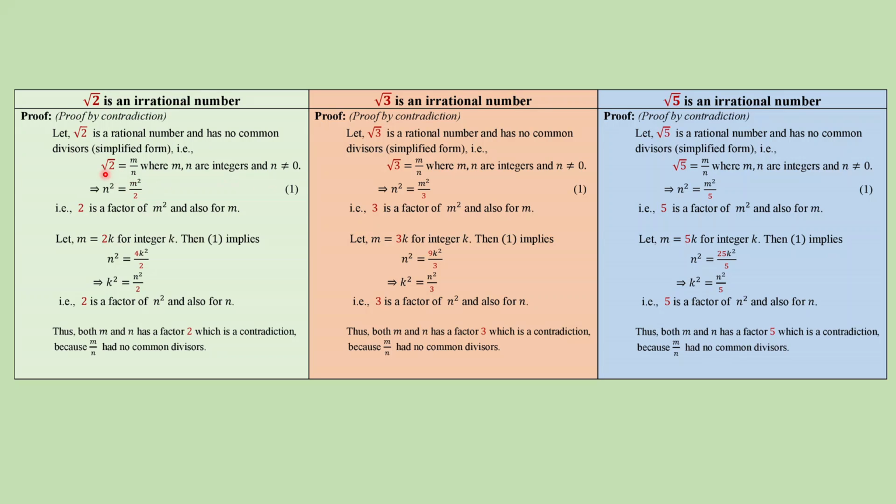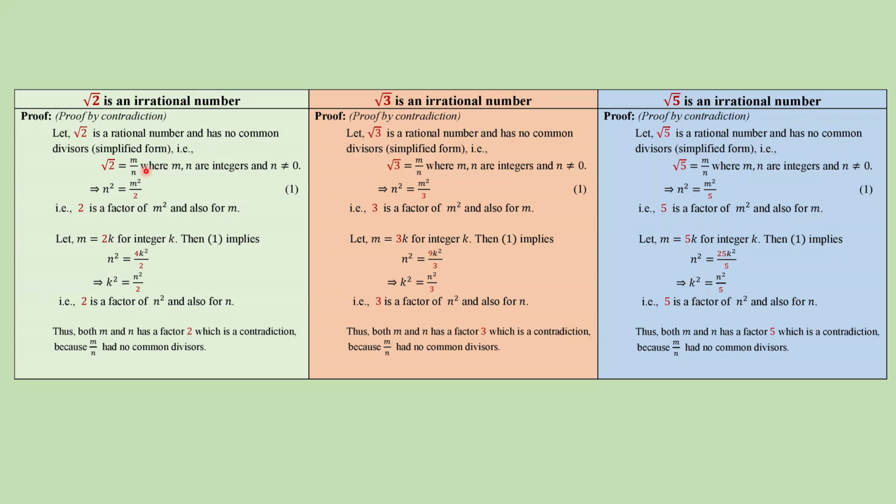If you square both sides, you will get 2 equals m square over n square. So n square can be written as m square over 2. Since n is an integer, n square is also an integer. That means the left side is an integer. Since this is an equal sign, the right side would also be an integer.